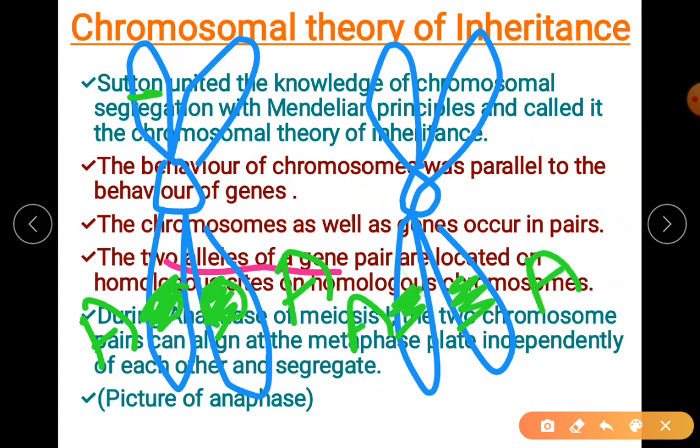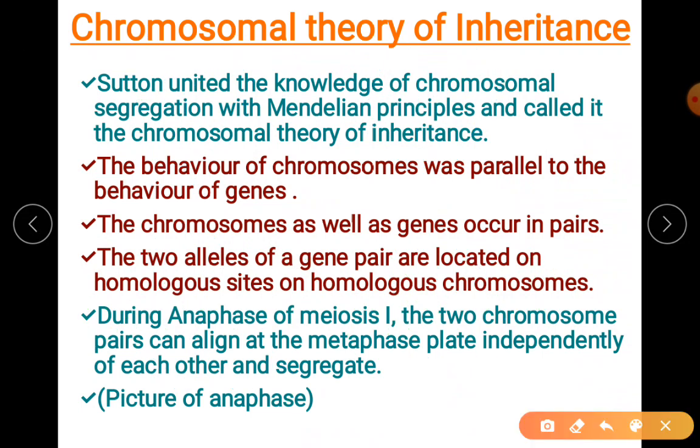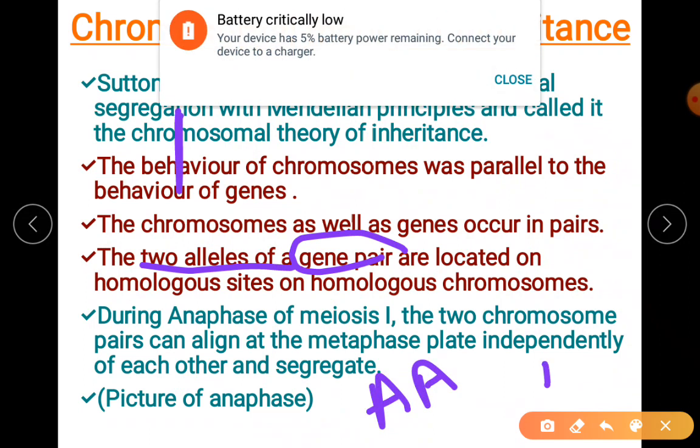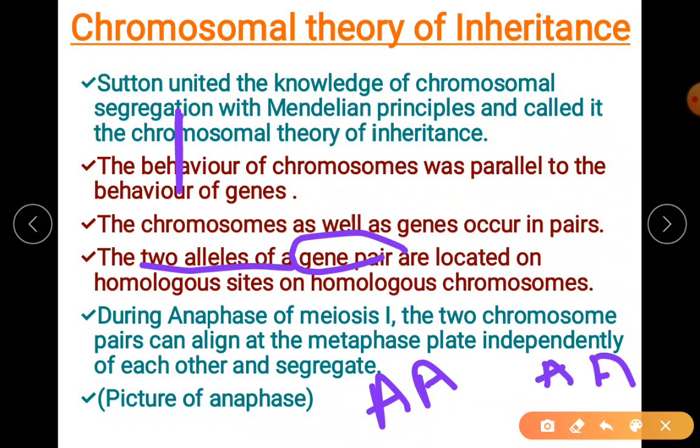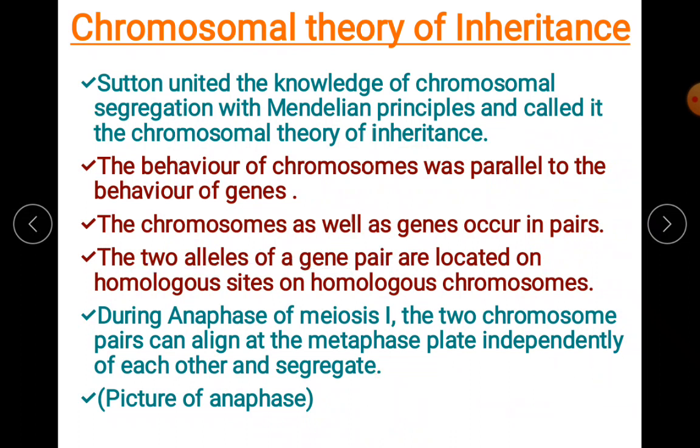The position I've marked on the chromosome, this is your homologous paternal and maternal chromosome. Paternal, maternal. So once you are able to get those two, so this means 2 alleles of a gene pair. So A. Even on the other one, A. So once you have understood that part, we are saying they are present on the homologous sites on homologous chromosome.